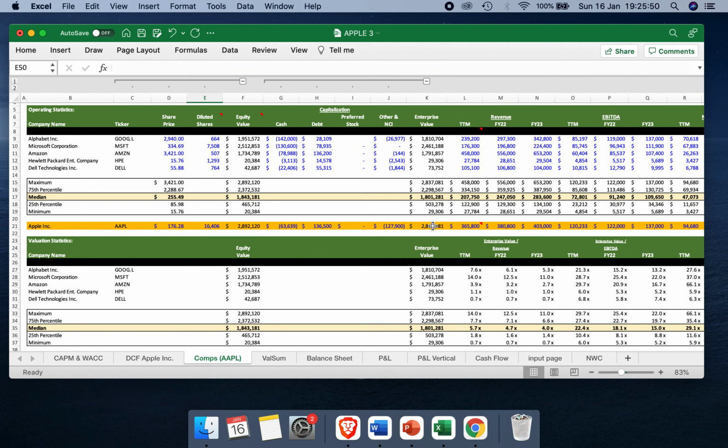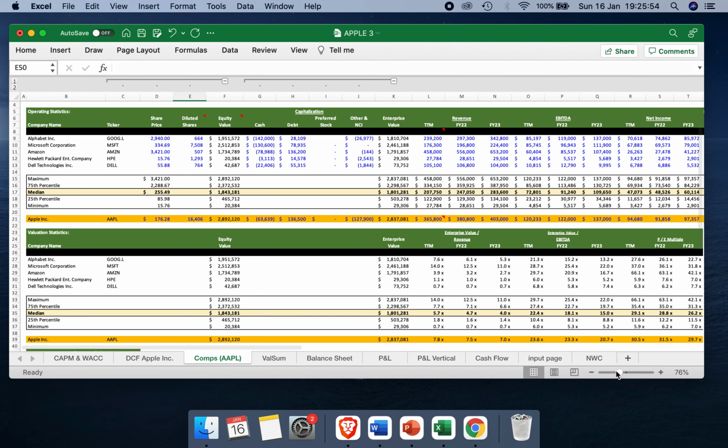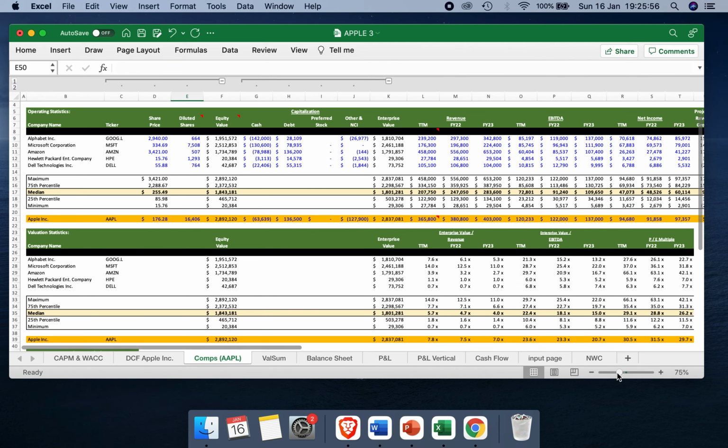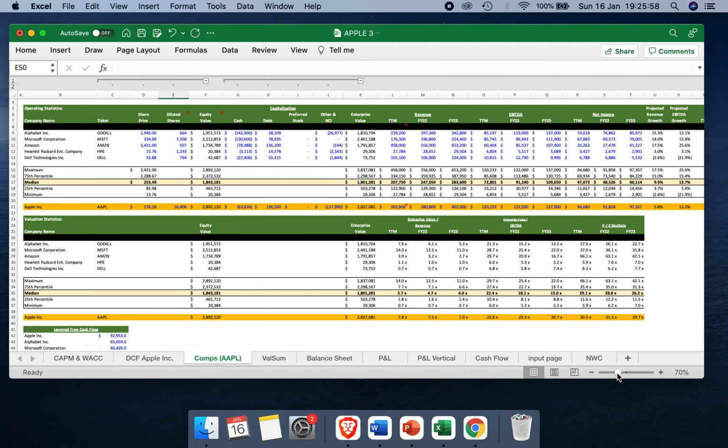Maybe just very quickly to my relative valuation analysis here. This is a very, I wouldn't say short, but I've only compared Apple against 5 different companies. So in an ideal scenario, the best way is to have many companies, maybe up to 10, that you can compare your target company against.